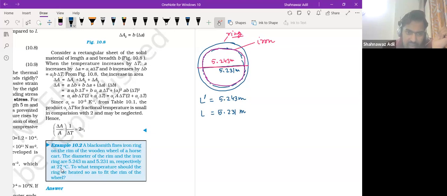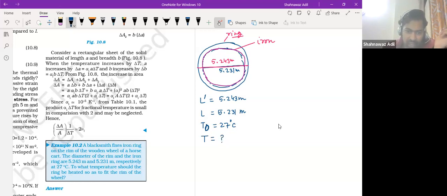And the initial temperature is 27 degrees C. To what temperature should the ring be heated? Of course we have to heat this ring, and up to what temperature? T naught is given, which is 27 degrees C. We have to find out the final temperature.